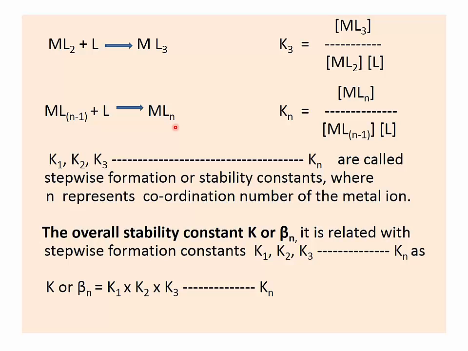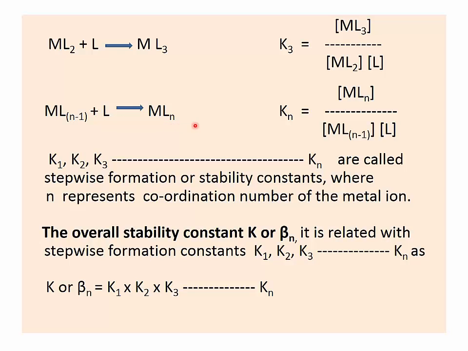If n is equal to 4, that means this is ML3. 4 minus 1, that is 3. So in ML3 we have to add fourth ligand and there is formation of ML4 complex. If n is equal to 6, here ML5 we have to consider and in that sixth ligand is added. So there is formation of ML6 complex. So n is coordination number.